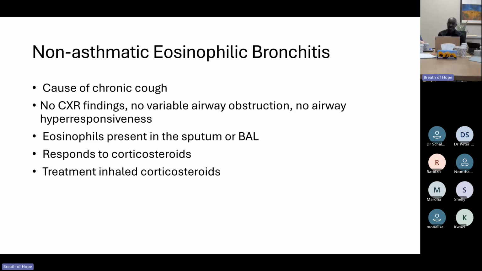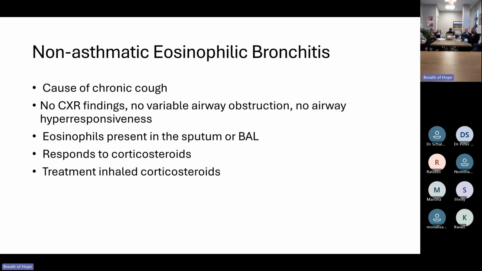Eosinophilic presence in the sputum or bronchoalveolar lavage. And they tend to respond to corticosteroid treatment, inhaled corticosteroid. This can sometimes be a very difficult diagnosis, especially if you don't have good blood tests, and also if you are in a center that cannot do bronchoscopy.